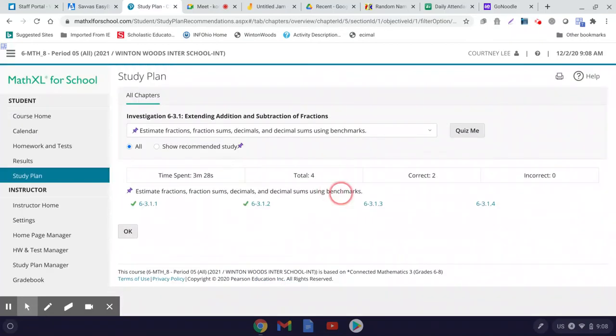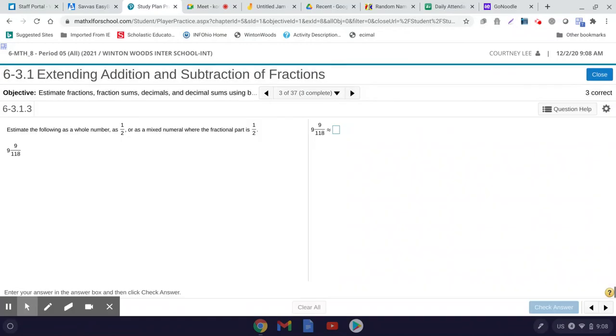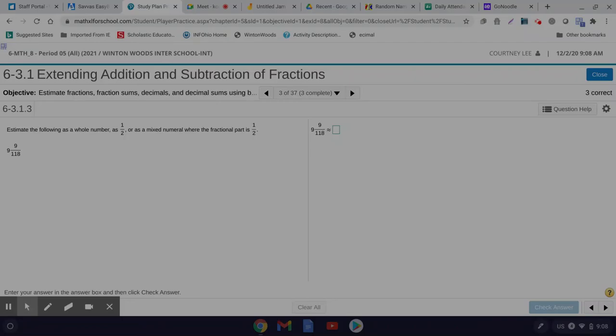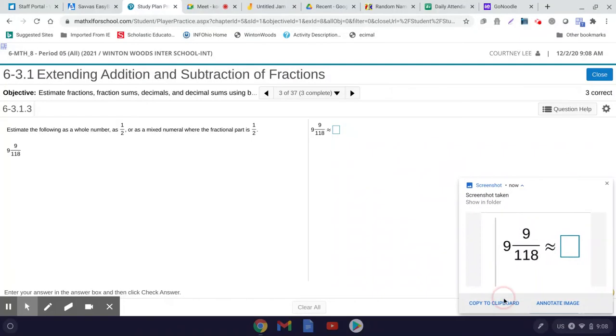All right, let's go over another practice problem. Estimate the following as a whole number, as 1/2 or as a mixed numeral where the fractional part is 1/2. This is just saying to estimate to the closest 1/2. The number we're looking at is 9 and 9/18.